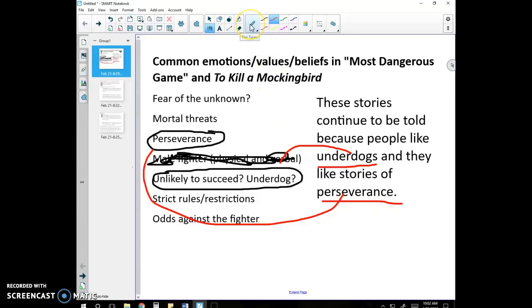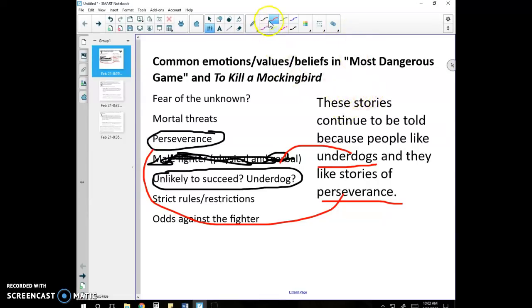And while this does show that you're seeing a relationship, it does not show nuance, meaning complexity. It's basically just listing off two attributes of both of the stories. You want to articulate what it is about these ideas that makes people in the Western world continue to read these texts, right?